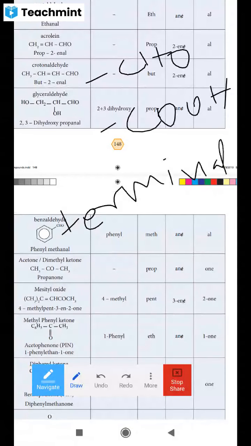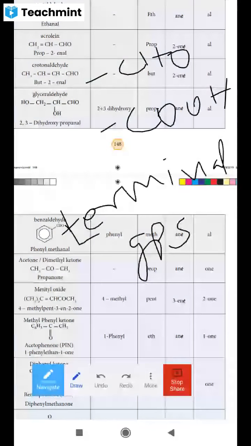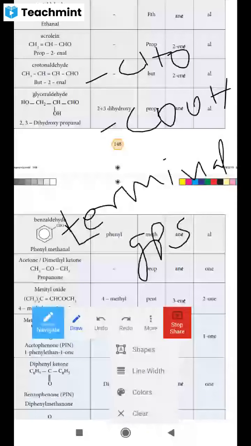Terminal groups. Why are we calling them terminal groups? Ma'am, because we can only add them on the last carbon. Yes, very good. These groups we will add only at the end of the particular compound, and in the compound the functional group is at the last. So we call them terminal groups. This is an important 1 mark question: they will ask which is a terminal group. Whichever of aldehyde or acid is there, tick it. Okay? So next.